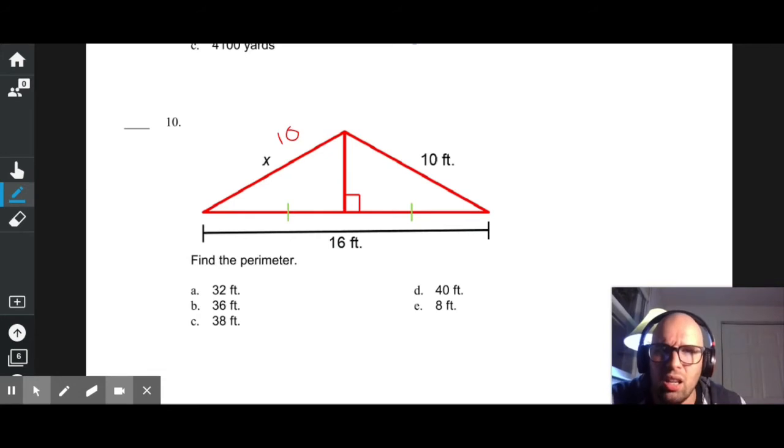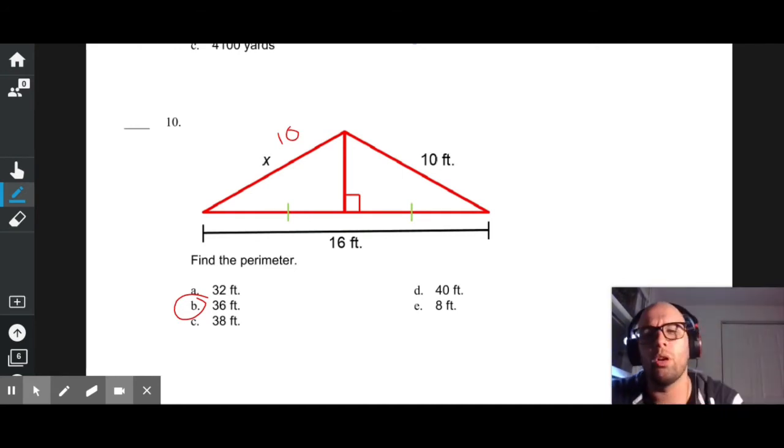If that's 10, then I'm assuming what they want is their perimeter is 10 plus 10 is 20 plus 16 is 36. So I guess that's the answer? I don't know if we were supposed to find that chunk right there, which would be 6, making the whole thing 42, but that's not even an option. So I'm not sure what was going on with that problem there. I don't like it at all. But it is what it is.